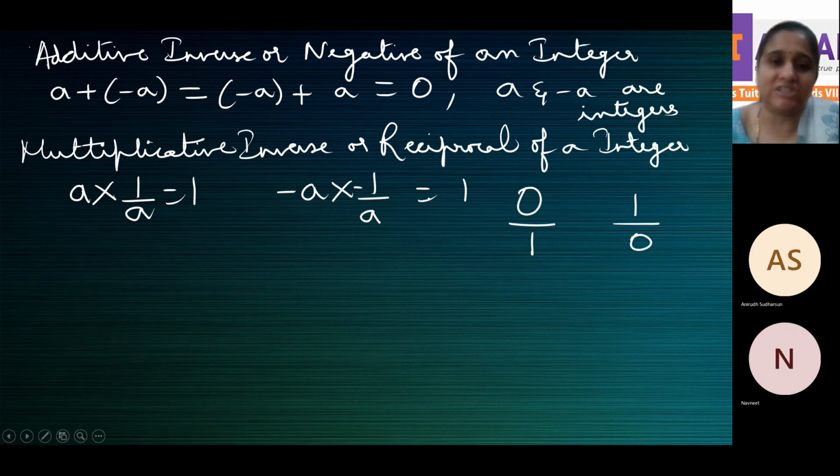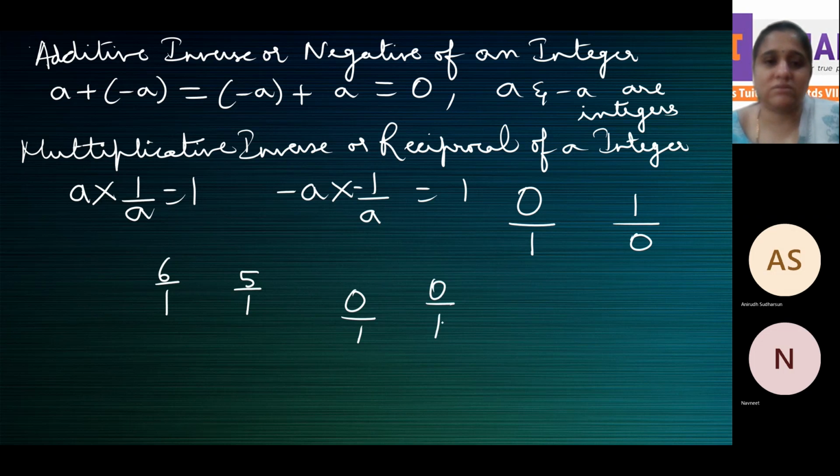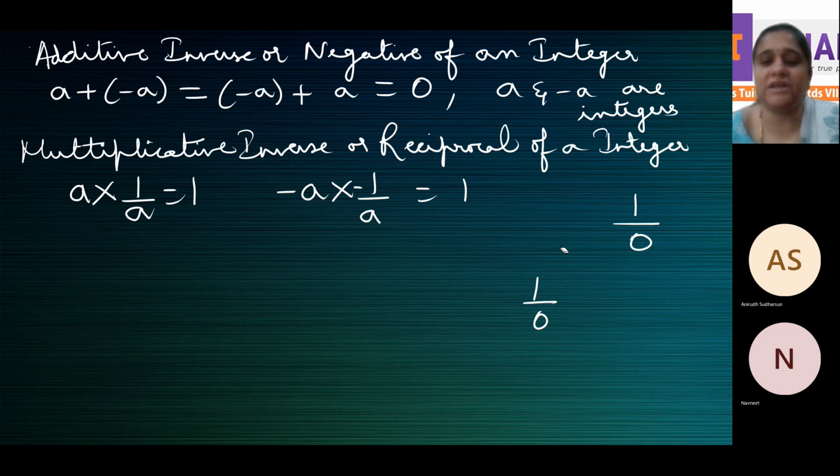So 0 is an integer which does not have a reciprocal, and it is the only such integer.